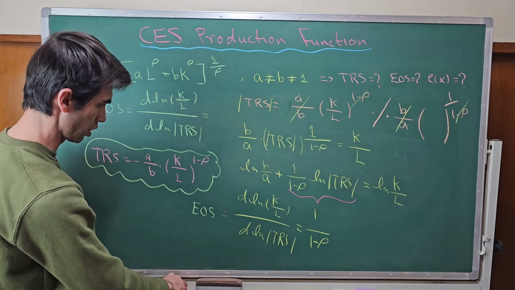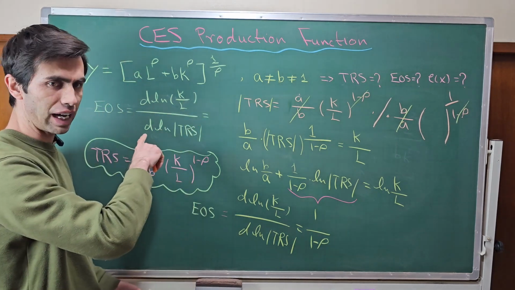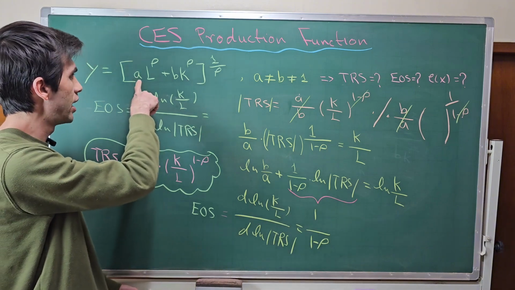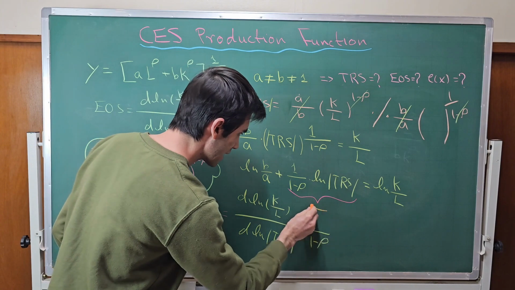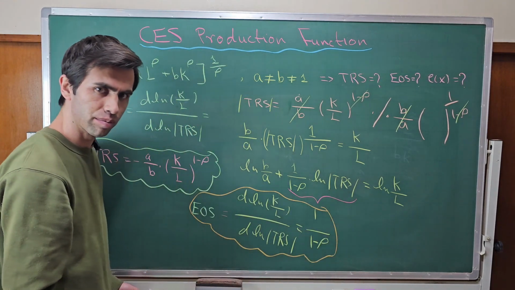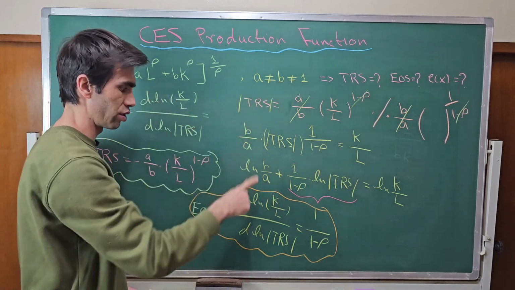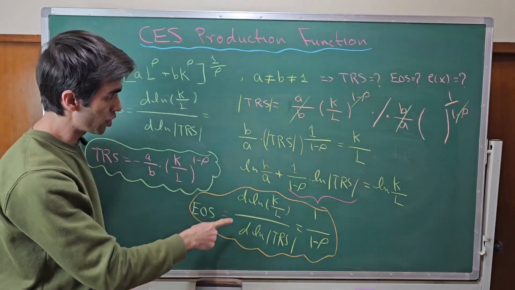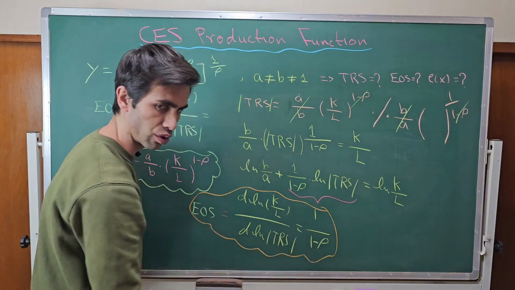So the elasticity of substitution for the CES production function where A is not equal to B is not equal to 1 exactly is the same as we found when A is equal to B and is equal to 1. Elasticity of substitution in both cases is equal to 1 divided by 1 minus rho.